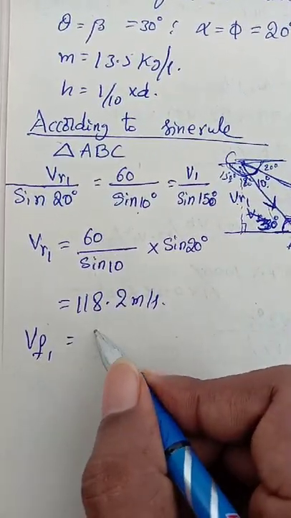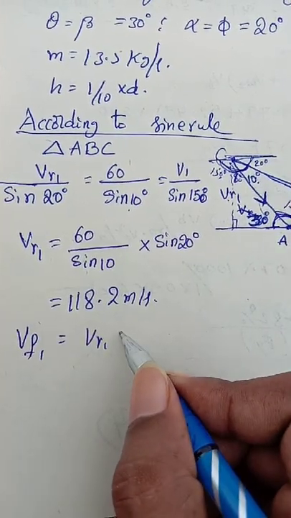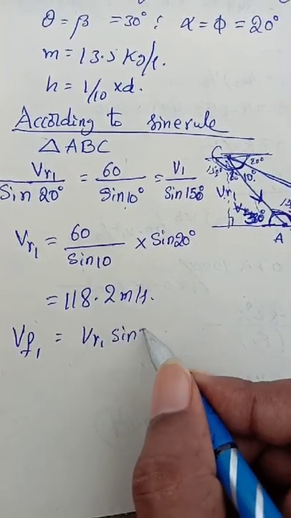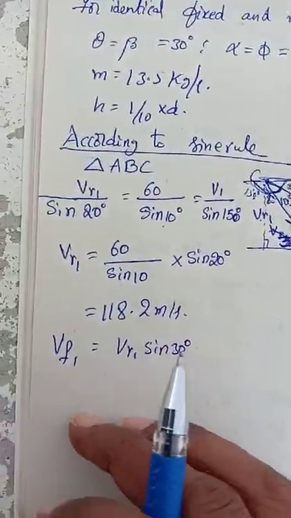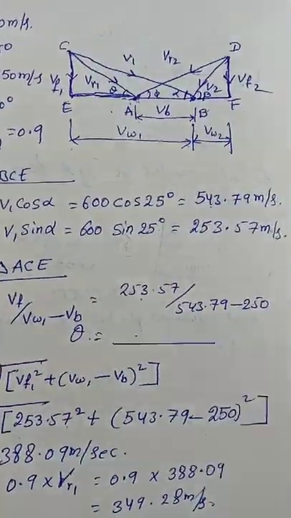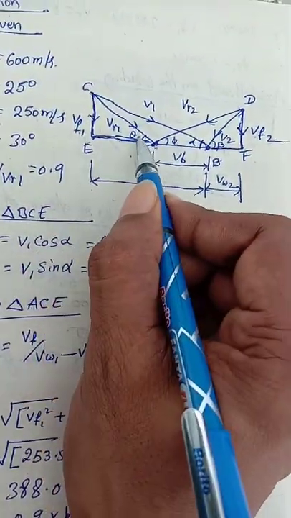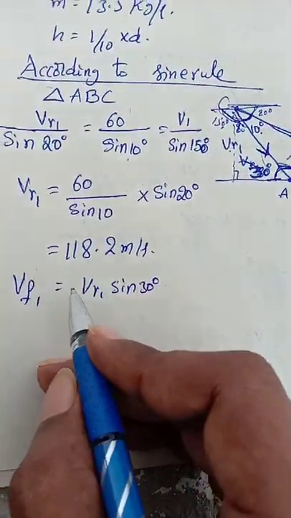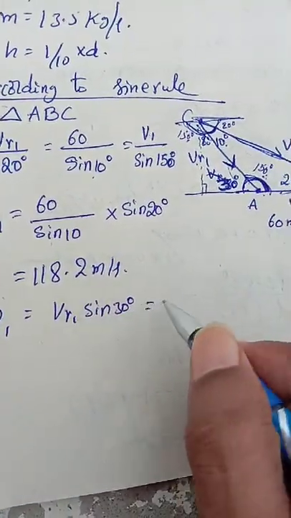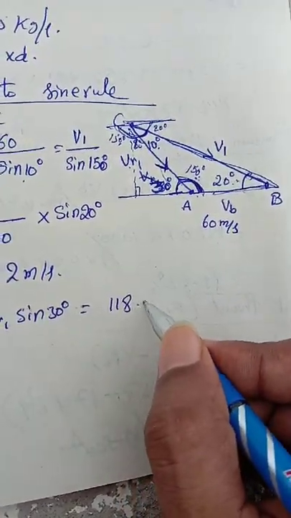Now we go for VF1 is equal to VR1 sine 30. Okay, this is coming from this triangle VF1. Okay, this is 30 degrees. Now VF1 we know, we can solve as per triangle. Here we substitute here the values.